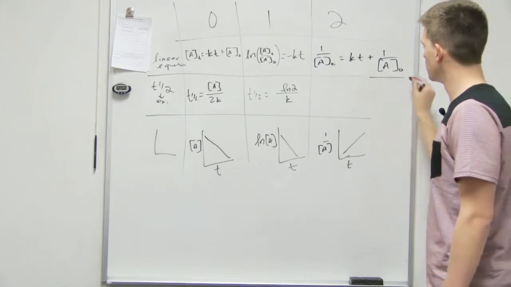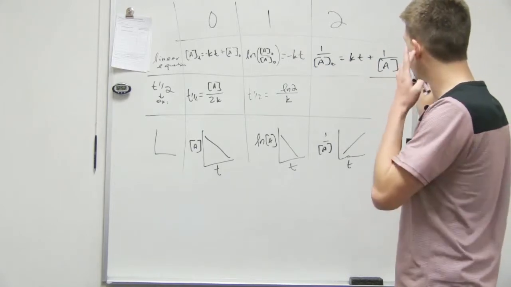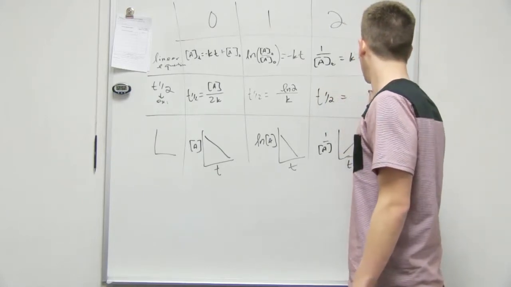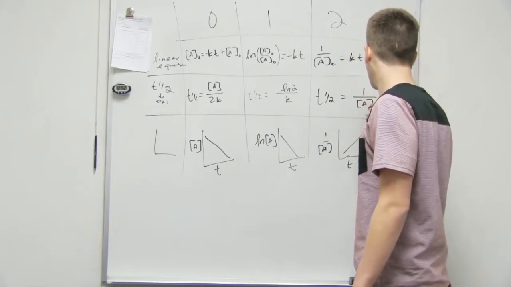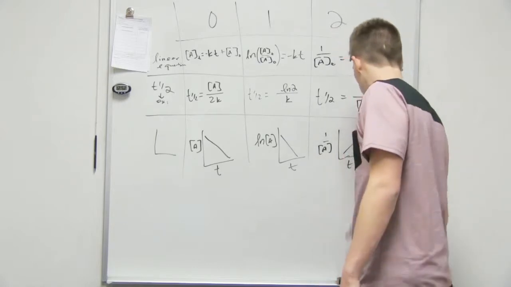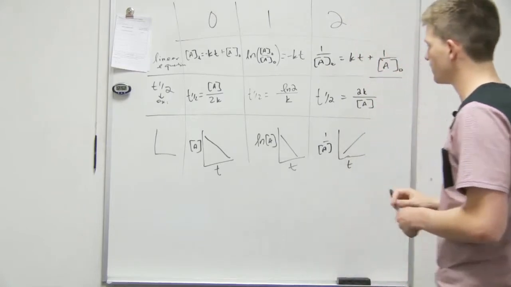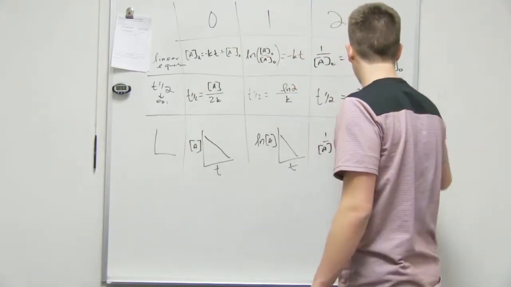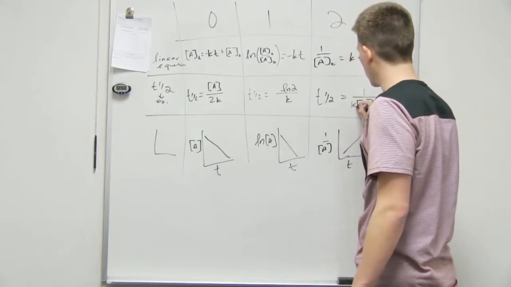Then we're going to keep that trend for the half-life, and it's 1 over A initial... or not 1, sorry, 2k over A. Oh, that's what it is. So it was 1 over k.